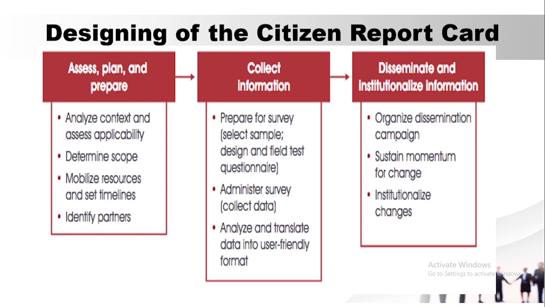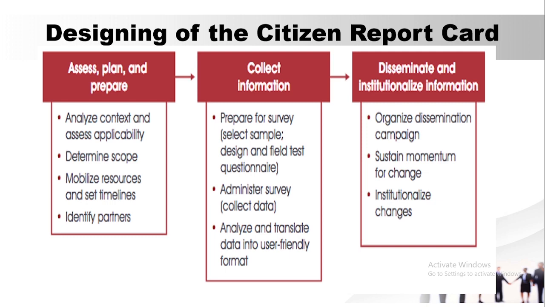The scope is going to be Kampala. Then you mobilize resources for when this is going to be done, the surveys, and you set timelines, and also identify partners. It's very good to identify partners. This can be NGOs or other international implementing partners that can help you in running these surveys, and also supporting the recommendations or findings after, and also engaging the whole process to own it.